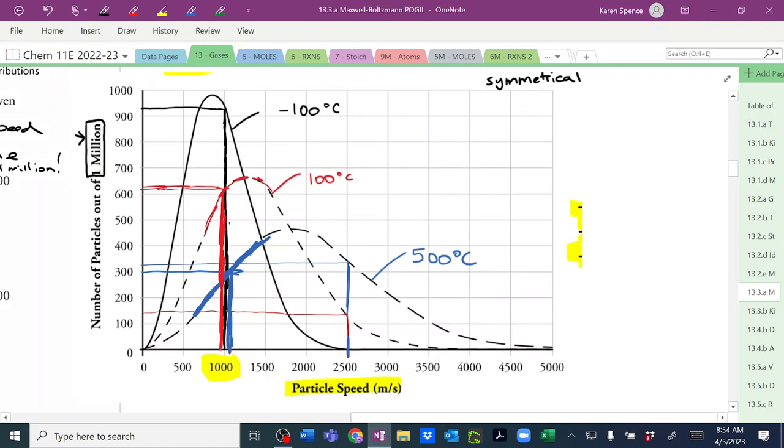If the curve gets wider, like the 500 degrees curve, we have it going out to ever higher temperatures. In order to have the same area, if you stretch something widthwise, you have to shrink it height-wise for the area to stay the same.